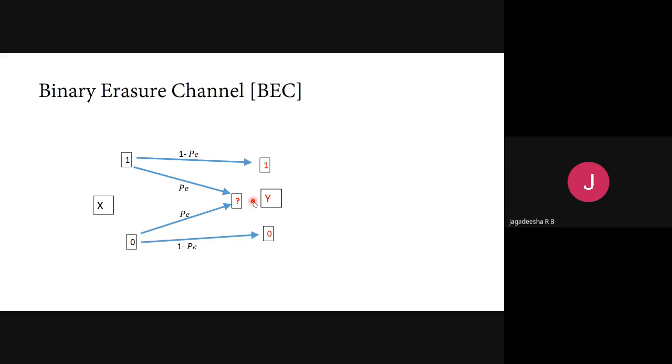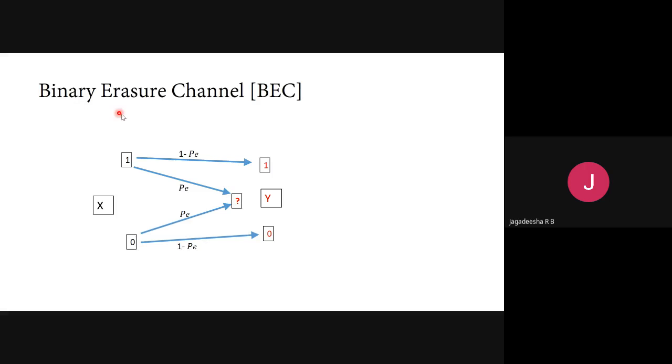So all the errors that were there in the channel were erased after subsequent transmissions. That's why we call it a binary erasure channel. Basically it wipes out or erases any error that has occurred during the transmission by multiple transmissions using a feedback channel.